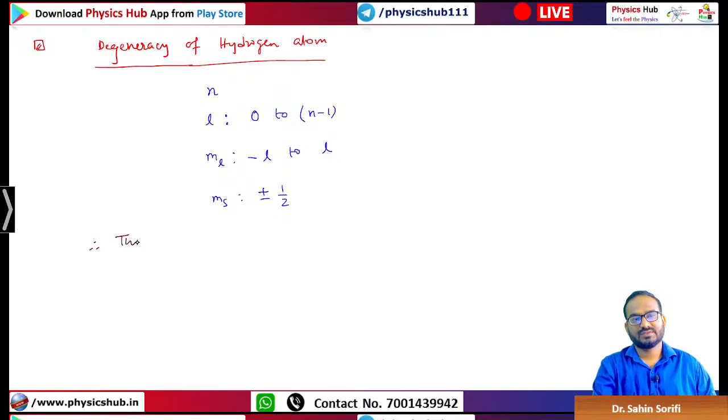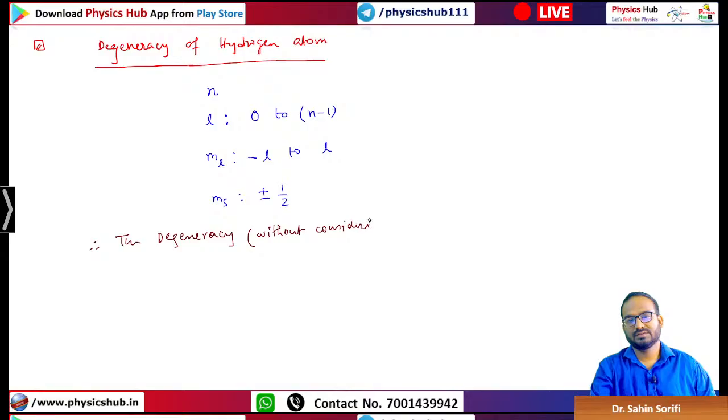Therefore, the degeneracy, let's say without considering spin, is equal to, you see, how many values of m_l are there? 2l plus 1. Okay. Now, how many values of l are there? l runs from 0 to where? n minus 1.